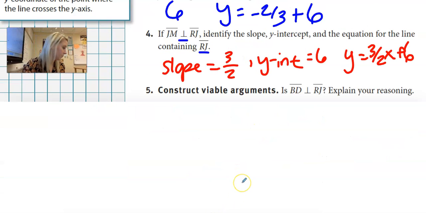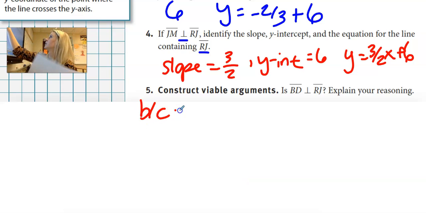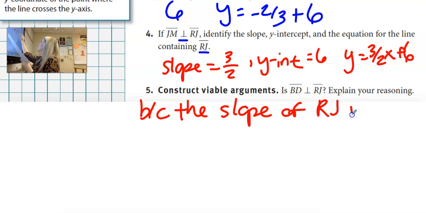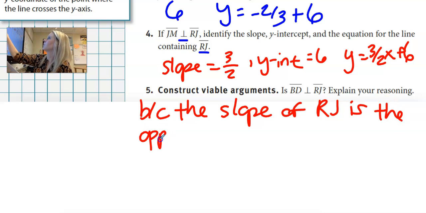So I have my slope of 3/2, and then I have negative 2/3, so I know they're perpendicular. So because the slope of RJ is, keyword is opposite reciprocal, I'm going to say is the opposite reciprocal.